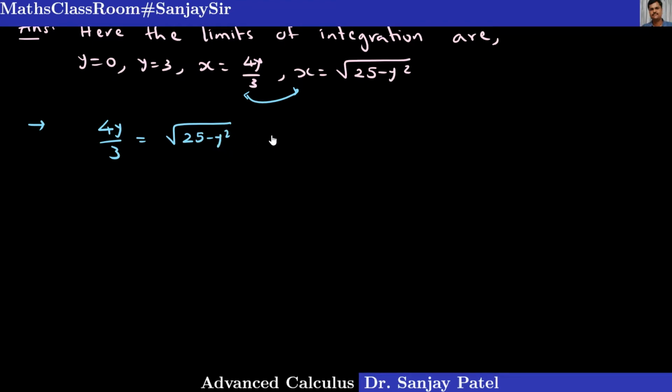Comparing the two equations and squaring both the sides, we get 16y square upon 9 is equal to 25 minus y square.